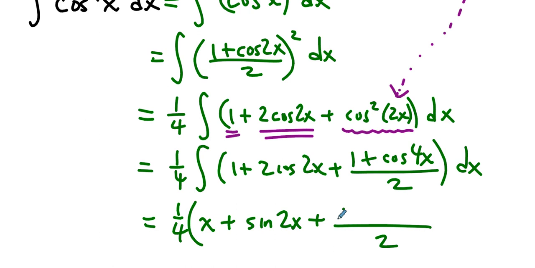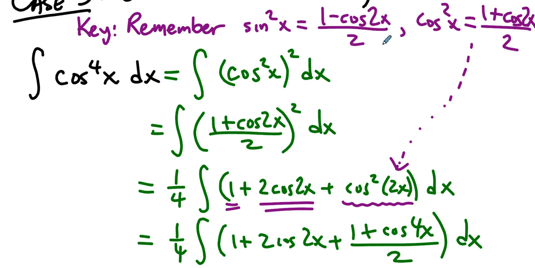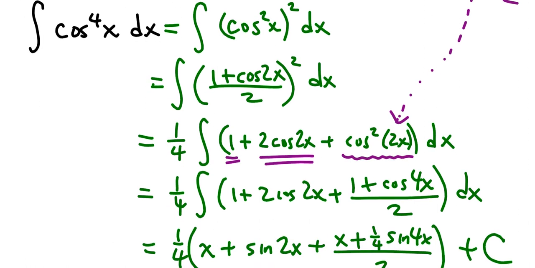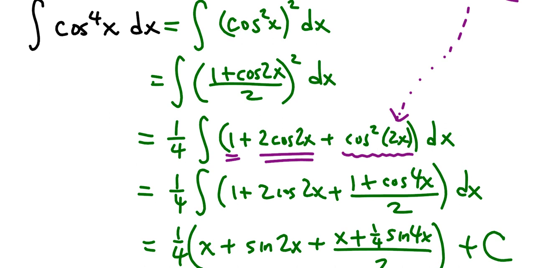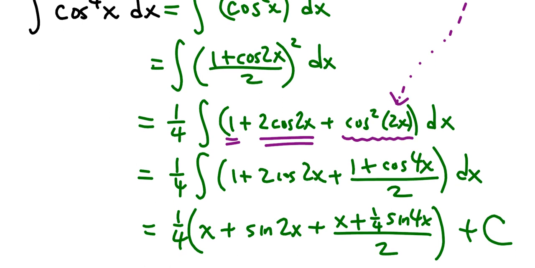The integral of 1 is x, and the integral of cosine 4x is 1/4 sine 4x, and we've got it. This is by far the hardest case because remembering this is difficult, and then squaring this requires a repeated use of the identity. So algebraically, trigonometrically, this is the disaster.